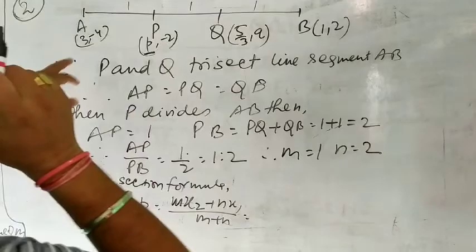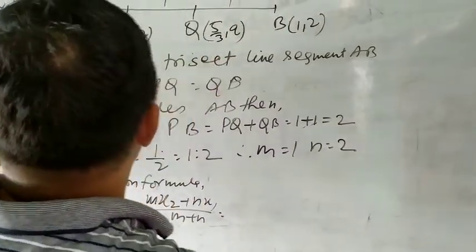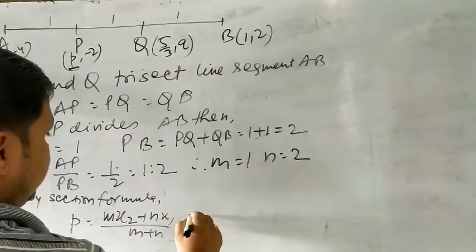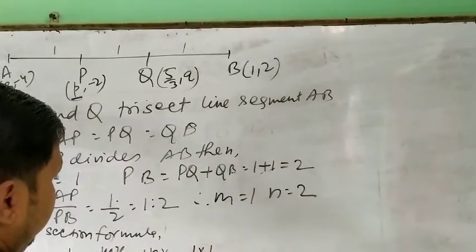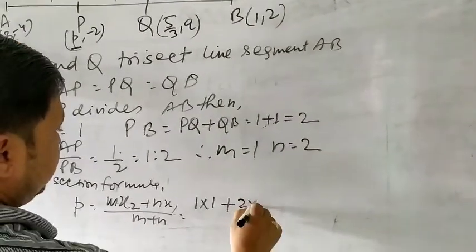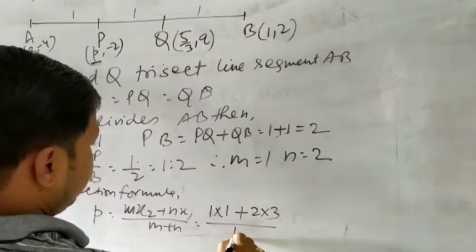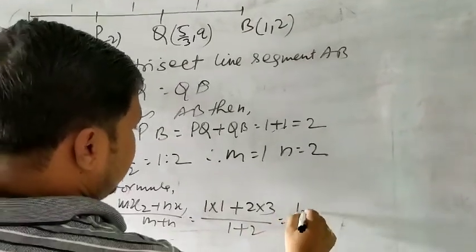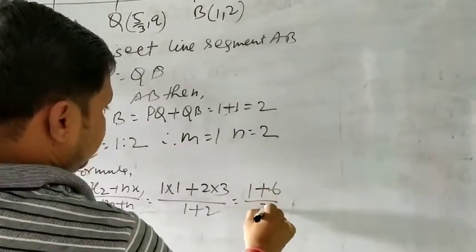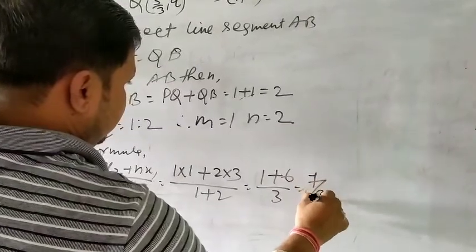That means this is the 1 and 3. That means 1 into 1 plus 2 into 3 by 1 plus 2. That means 1 plus 6 by 3. That means 7 by 3.